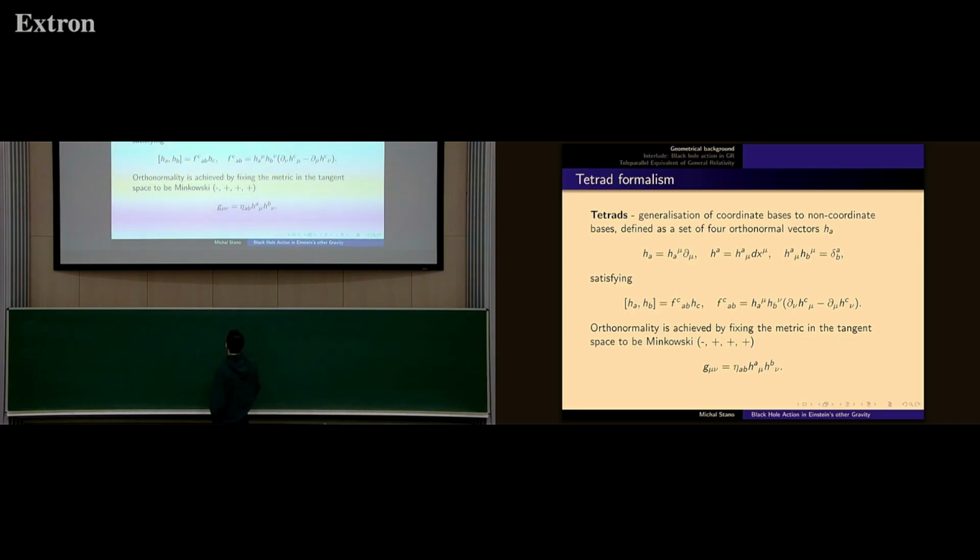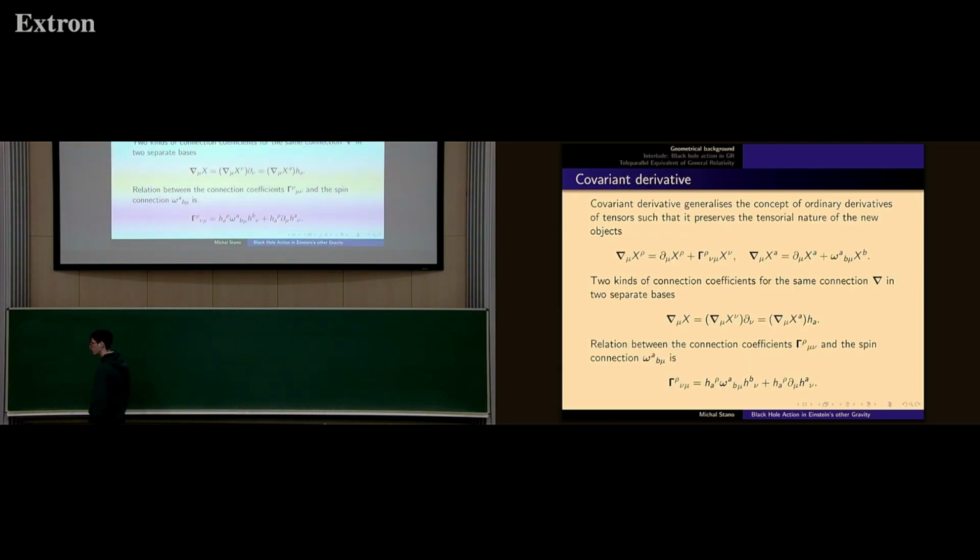So how this expression works is that once you give me a space-time metric, which is denoted by these Greek indices, you can automatically read off the form of the tetrads. And from the other viewpoint, if you give me a tetrad, I can contract two tetrads with the Minkowski tangent space metric, and in this way we obtain the space-time metric g_{μν}.